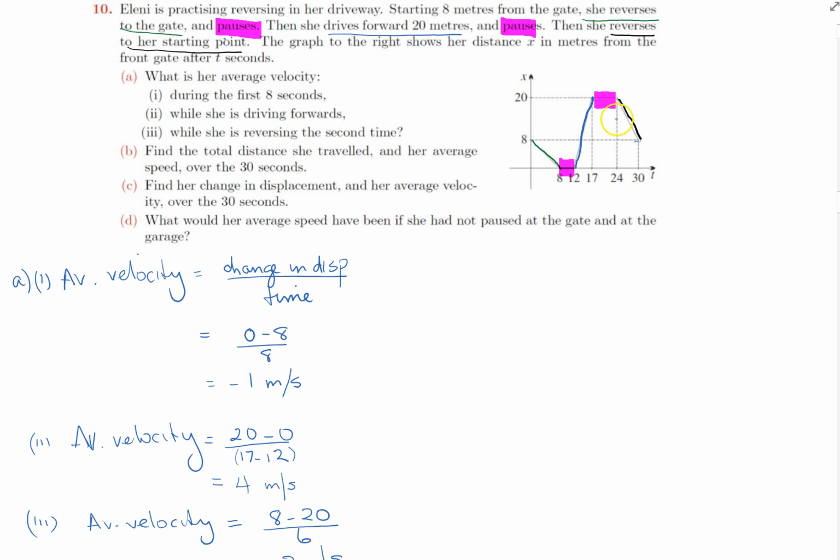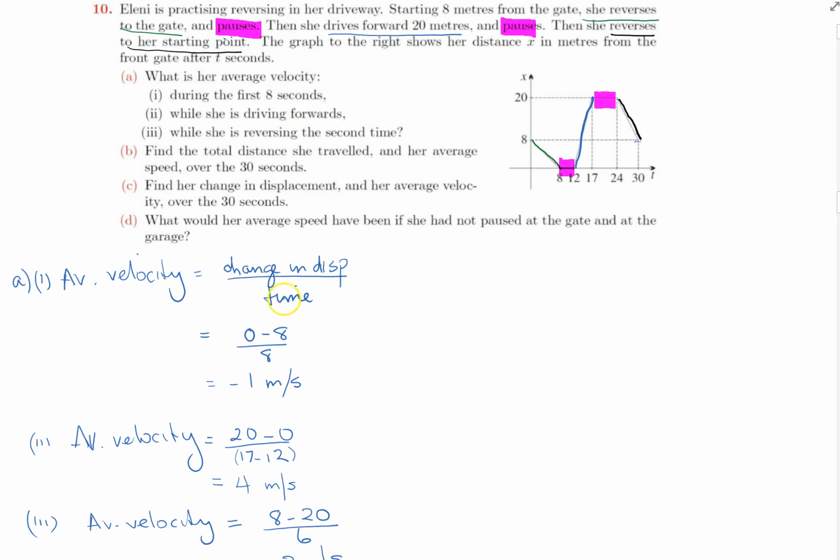So yes, the graph shows that we don't have a formula, but it's asking what is her average velocity in part 1 during the first 8 seconds. So we know that basically average velocity is the slope of the chord, and we can see that that is negative, and yes, you can see I've got a negative.